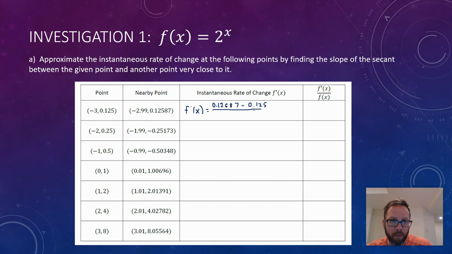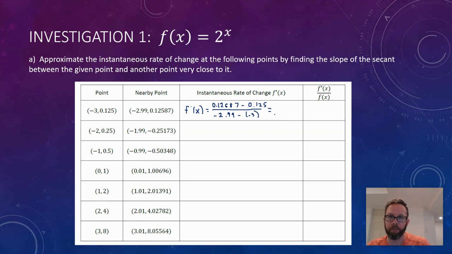And we find the difference in the x values: negative 2.99 minus negative 3. I'm not going to do all these in this video, you don't have to worry about that. That would take a really long time. I've got the solutions done ahead of time, but I'm just going to do this one on the fly with you guys. And that would be divided by 0.01.